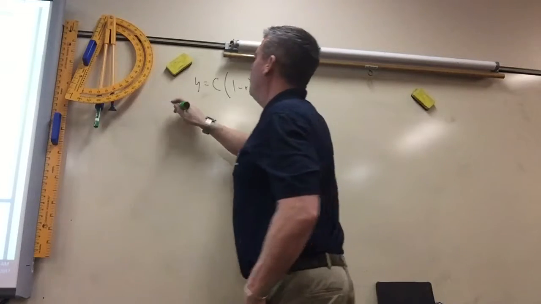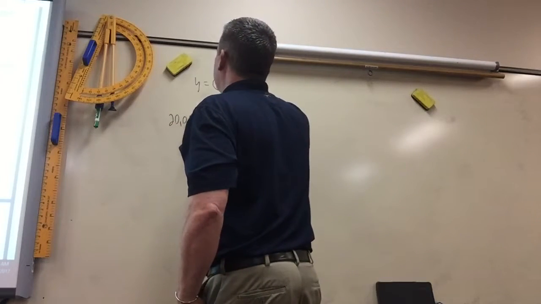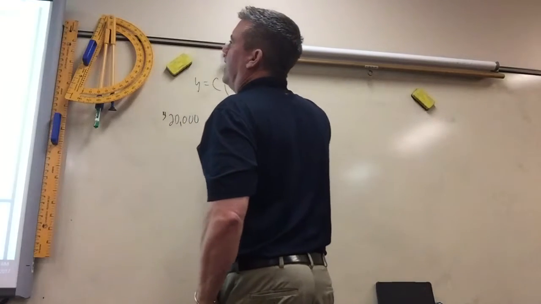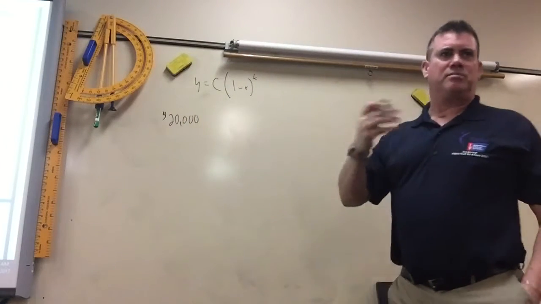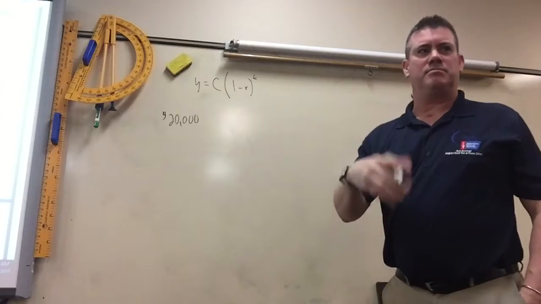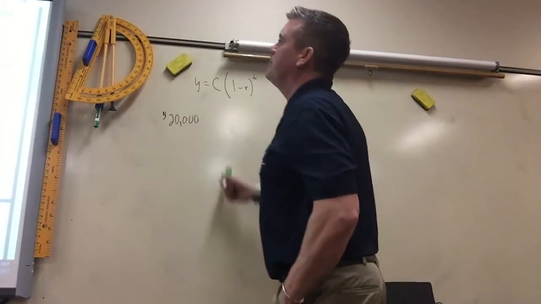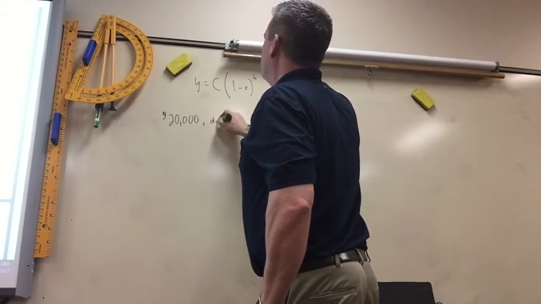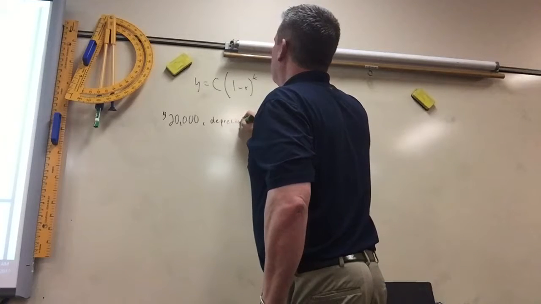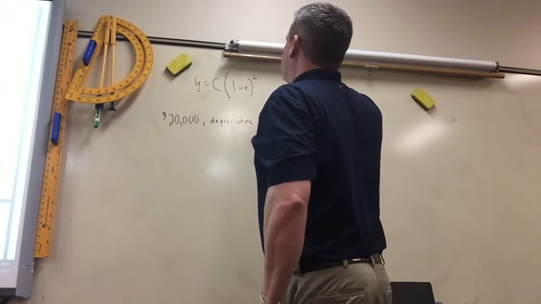So if you got a car that you buy for $20,000, and you guys know this, the value of it goes down, right? That's called depreciation. It depreciates at a rate of 25% each year.